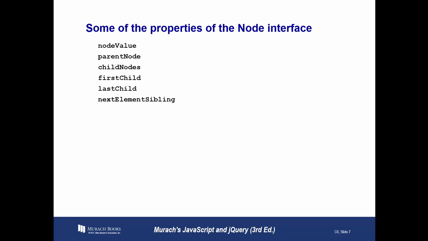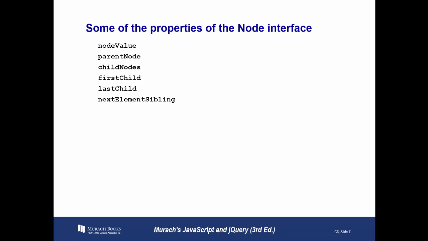So we have here node value for a text node or a comment node or an attribute node. This returns the text that's stored inside of that node. Otherwise, it returns null. The parent node returns the parent node if one does exist, or if one doesn't exist, it returns null. The child node returns an array of node objects representing the child nodes of a node.